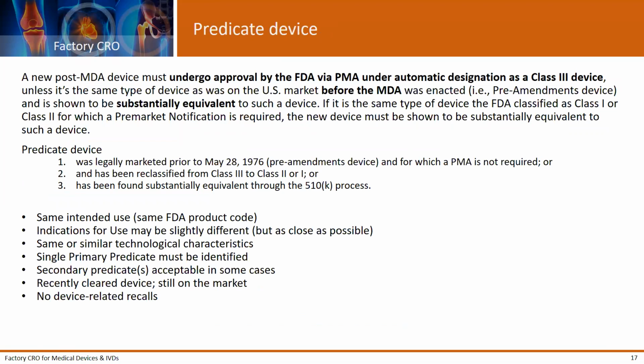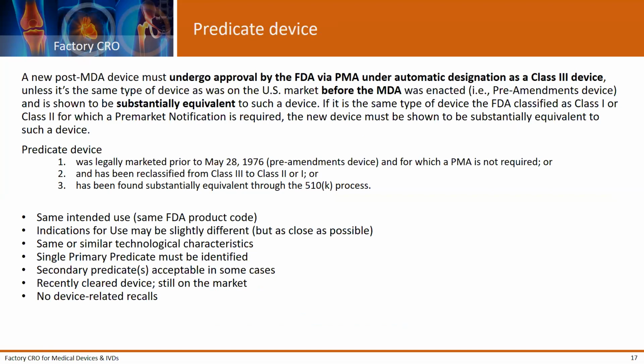This is the definition of a predicate device. Most importantly to understand is that a new post Medical Devices Amendments Act device must undergo approval by the FDA via a PMA route, like a Class 3 device, unless it is the same type of device that was already on the US market before the act was enacted.